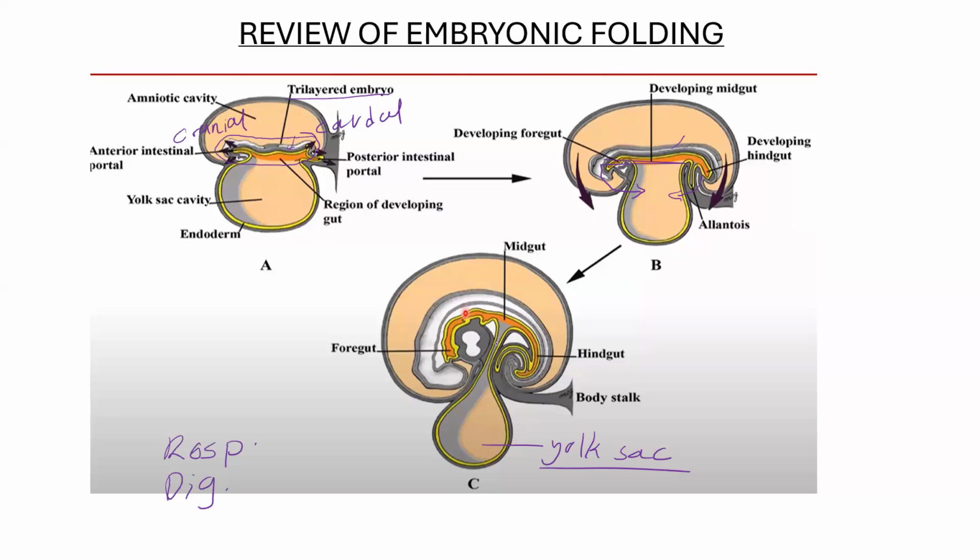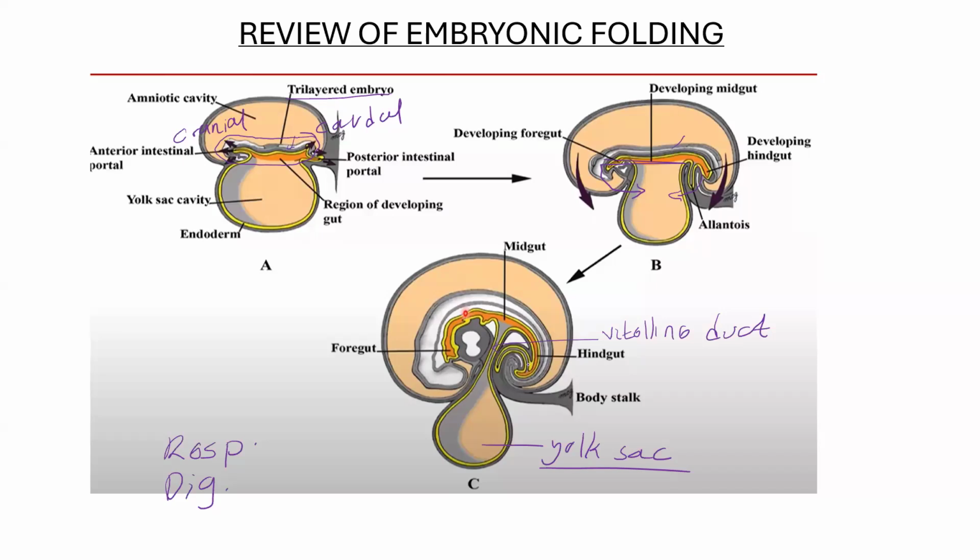So you can see that we have this part now connecting the part of the yolk sac incorporated into the embryo, and the ventral part that is known as the vitelline duct. That's the vitelline duct. So when we discuss the development of the digestive system, I do not expect to come back to this story because I'll have described it.